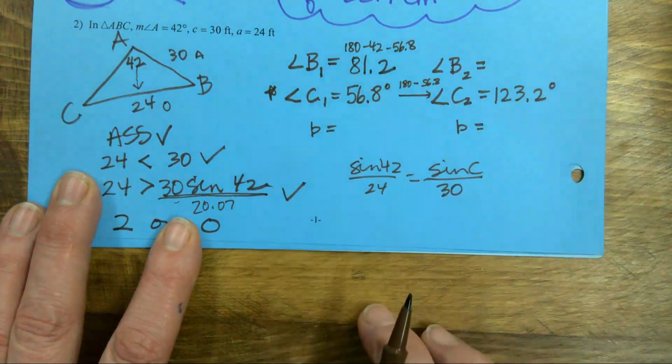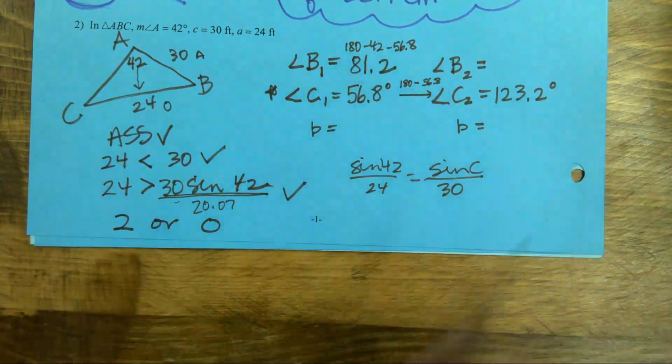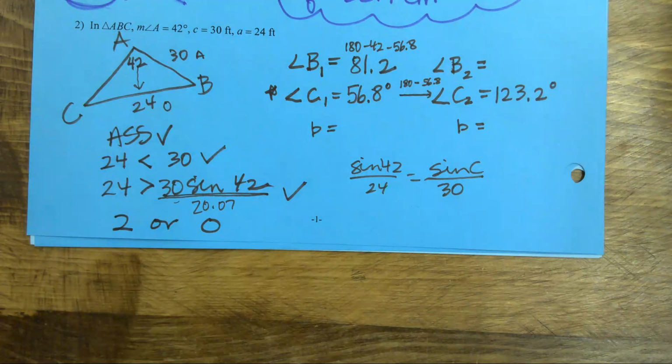81.2. And if B is in fact 81.2, then what is side B?